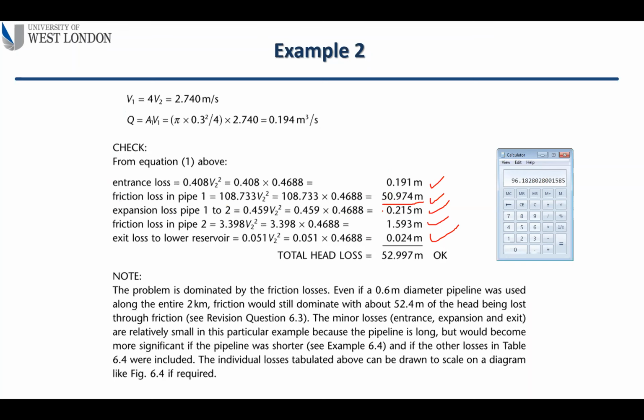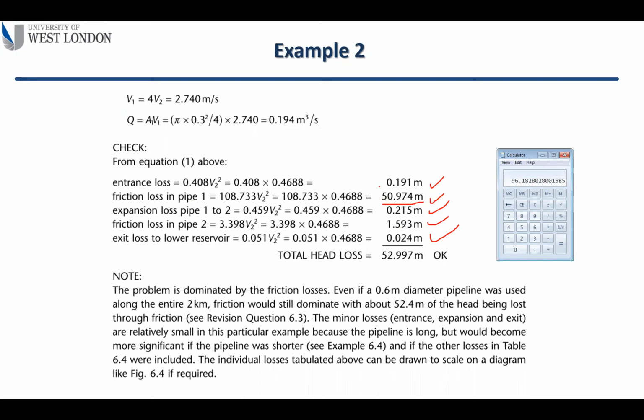After that, the second largest loss is the friction loss in pipe 2, which is 1.5 meters. But you can see how big pipe 1's loss is compared to even pipe 2. The reality is that the diameter of pipe 1 is only half of pipe 2. Just bear in mind, if you use a very small pipe, you might lose a lot of energy head.